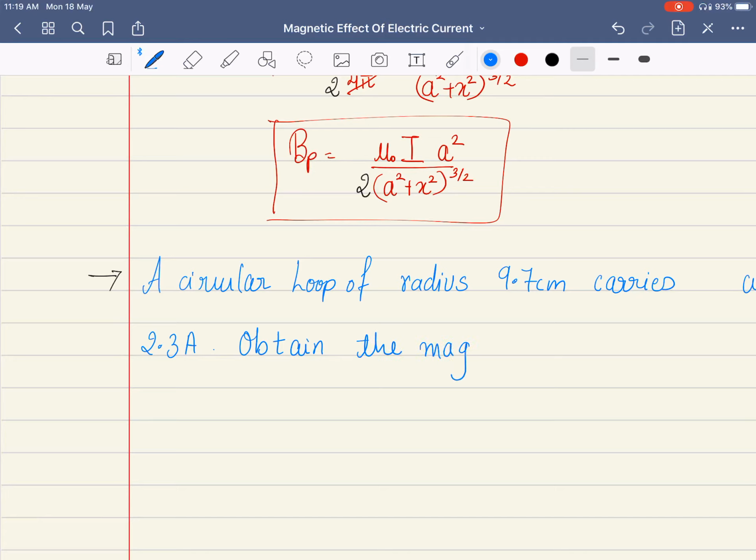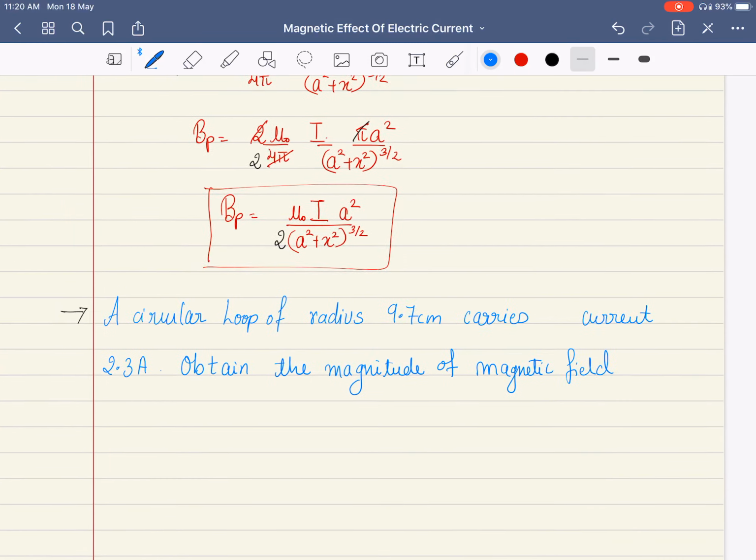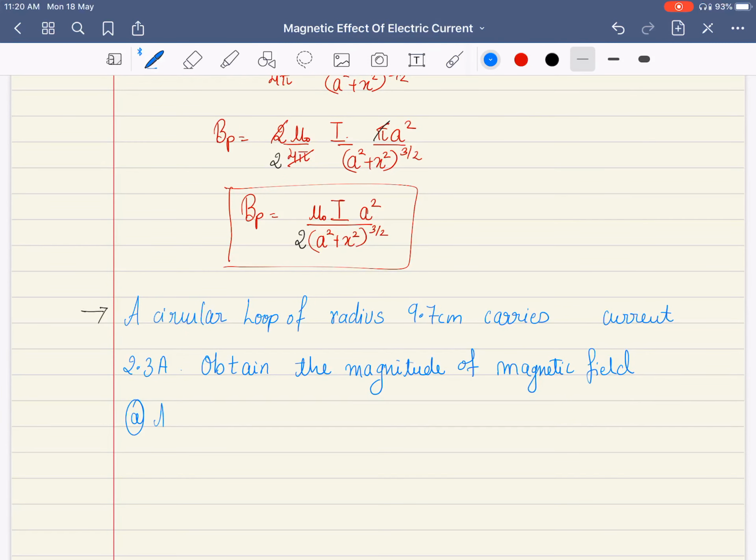Obtain the magnitude of magnetic field A, at the center of loop, B, at a distance of 9.7 centimeter from the center of loop, but on the axis.